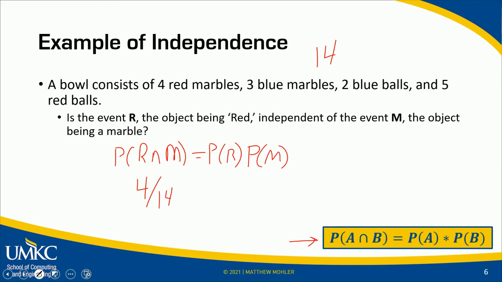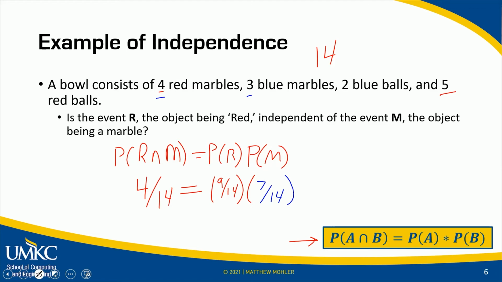And in order for this independence to hold up, then that 4 over 14, the probability of getting a red marble, must be equal to the probability of it being red multiplied by the probability of it being a marble. And so the probability of it being red would be 4 red marbles plus 5 red balls, so 9 out of the 14 objects. And then we would multiply that by the probability of a marble, which would again be the 4 red marbles plus the 3 blue marbles, which would be 7 out of the 14 total options.